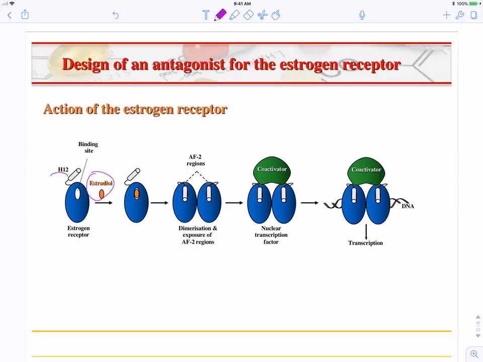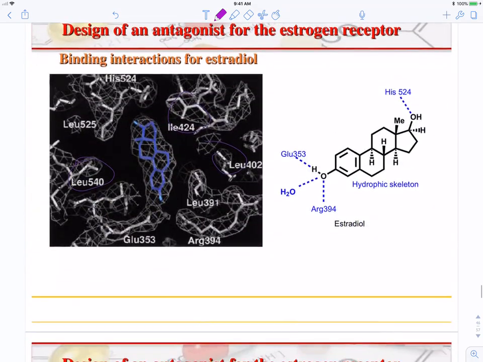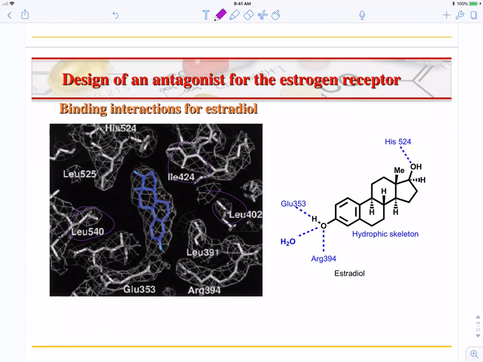That causes dimerization and recruitment of a co-activator protein to the AF2 region, and that complex now migrates to the nucleus and initiates transcription.